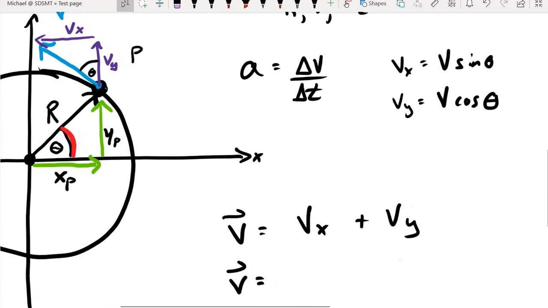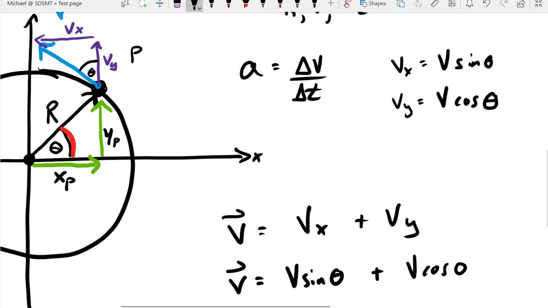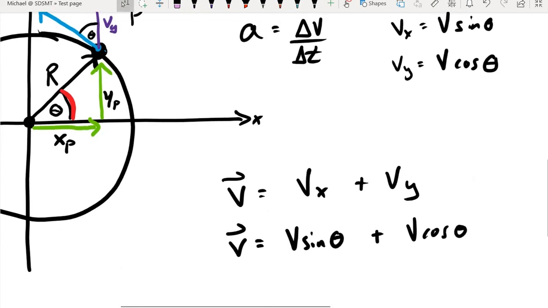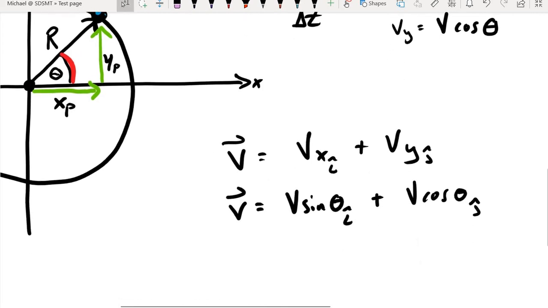So there's our first substitution. I'm going to replace v of x with v sine theta. I'll replace v of y with v cosine theta. And to remind everyone, these components, we need to keep track of what direction they're in, so we're going to bring in the i hat, j hat notation.